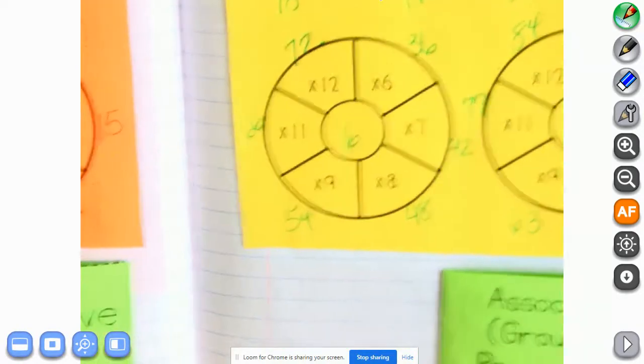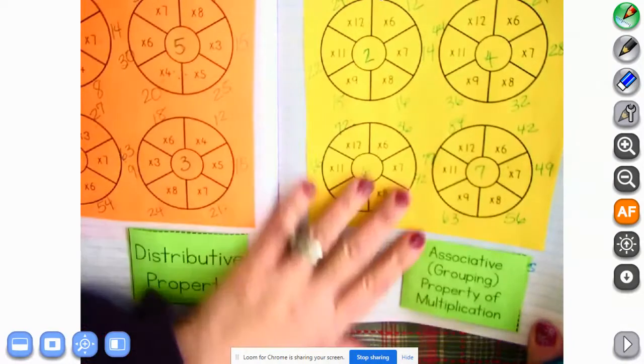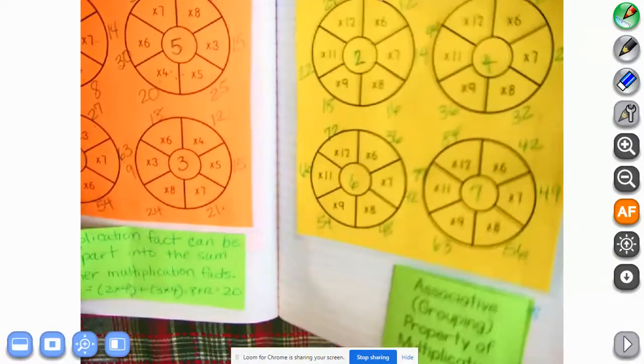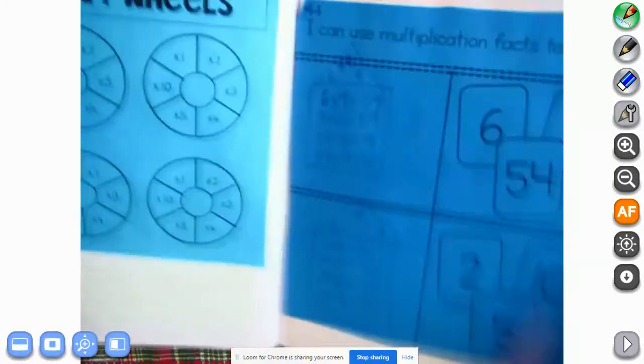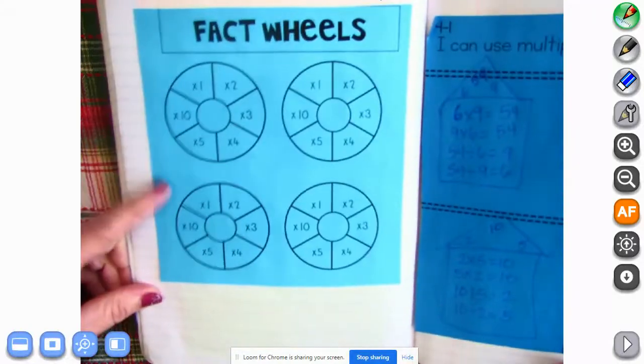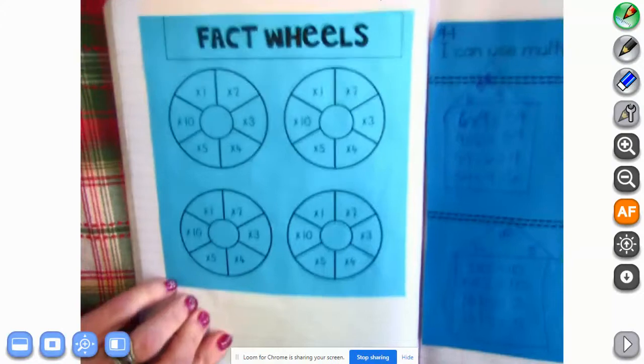All right, so what we should have is all of these fact wheels done. And we also did our distributive property and our associative property. And then we're going to turn to the back. Okay, so everybody could have a different one because I let you pick your numbers, okay?